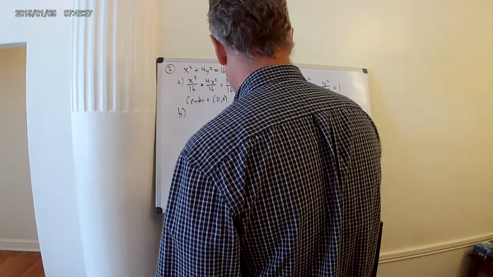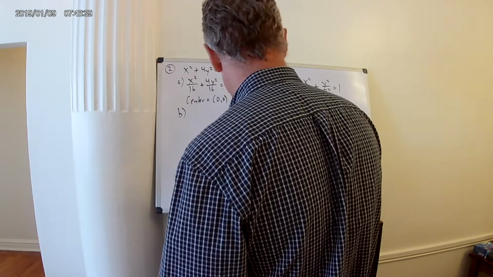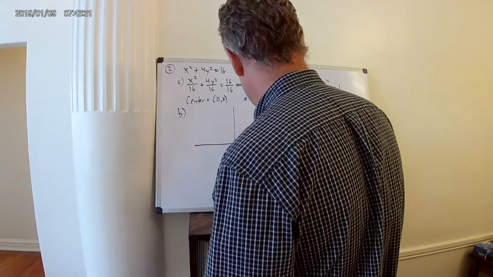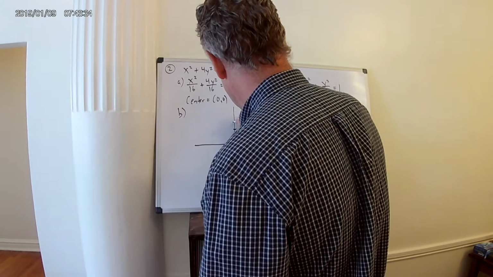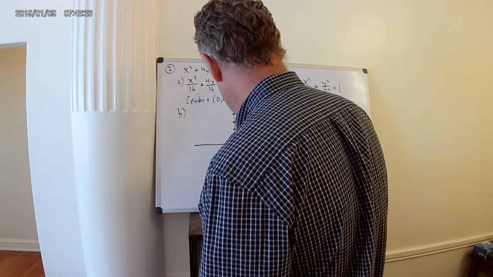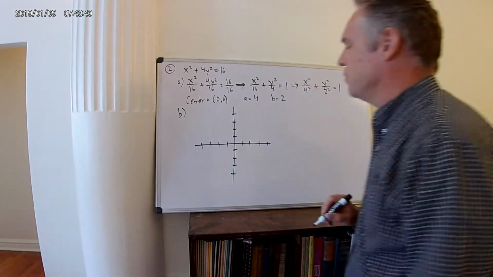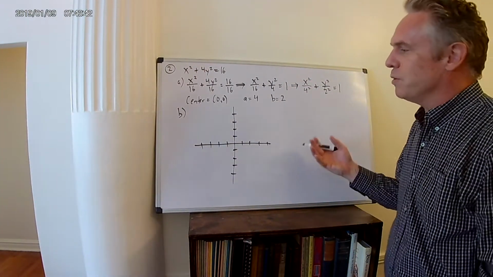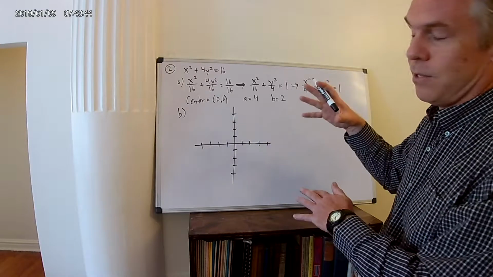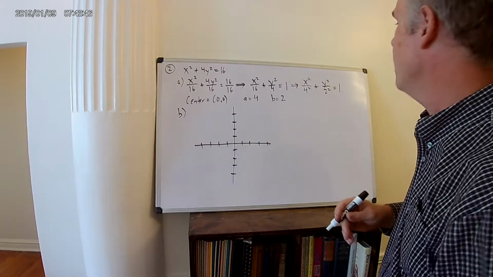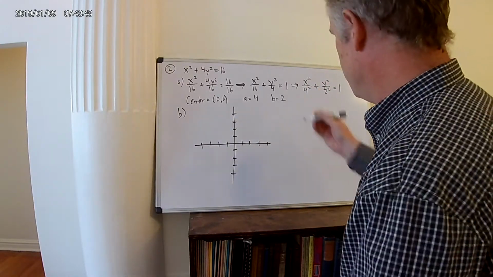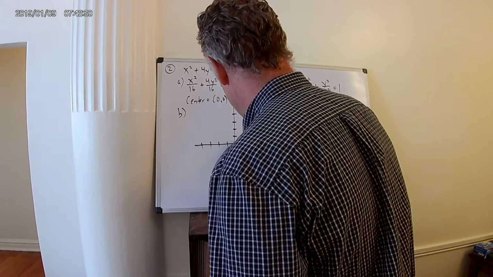Let's create a quick rough graph of this ellipse. I have to make sure to make these tick marks about the same, because otherwise what is an ellipse could start looking like a circle if the tick marks are stretched the wrong way. In this case, our center is at 0, 0, right here.